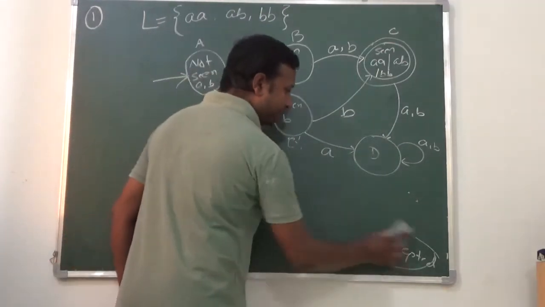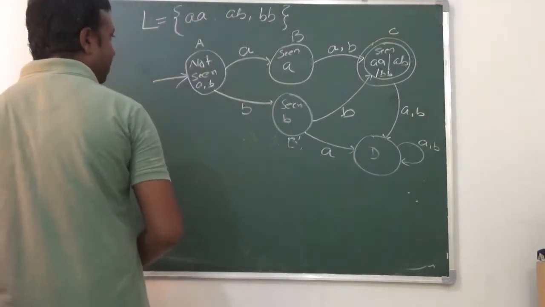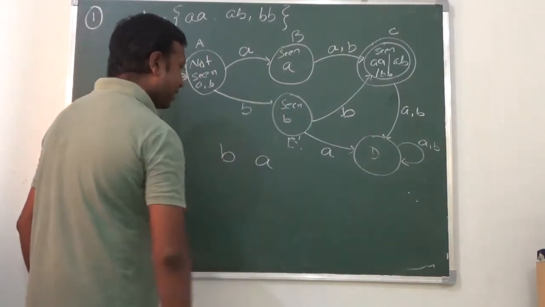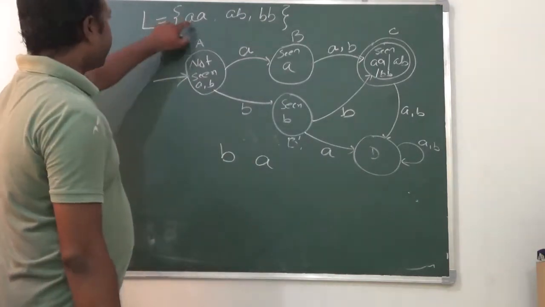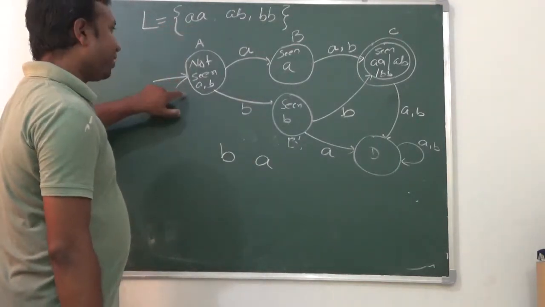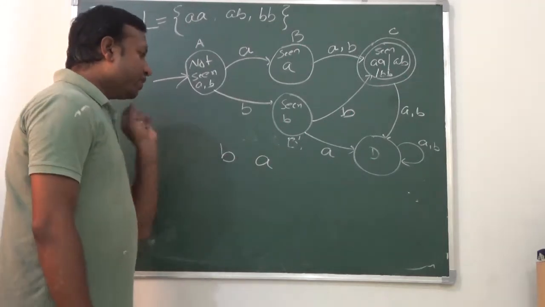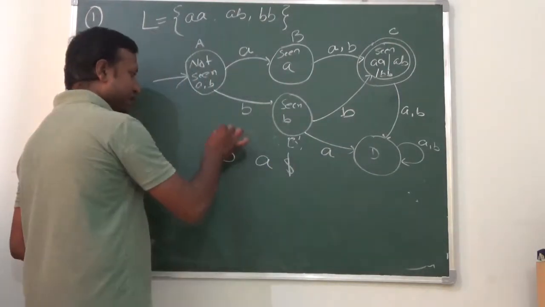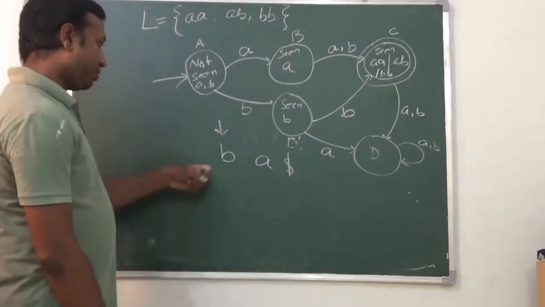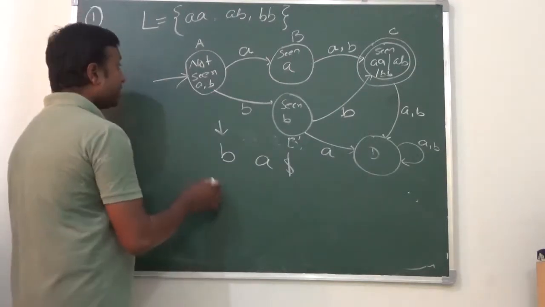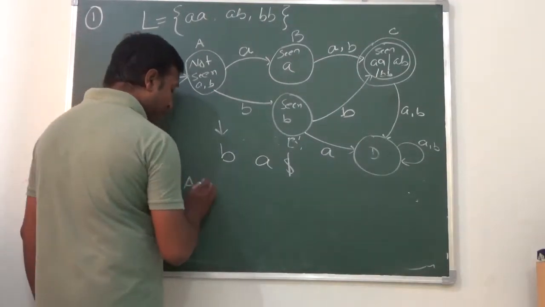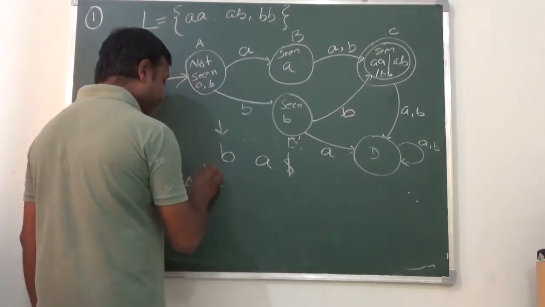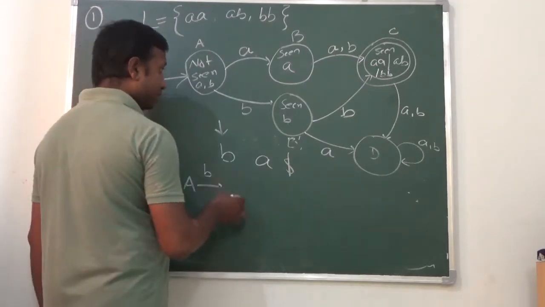But let us say, what if I have BA as an input? Now BA is obviously not in this language, and this particular model should reject BA. So it's BA dollar. Initially the head is on B and the head is reading B. Start state is always A. So after reading this symbol B, you go to the state B dash.